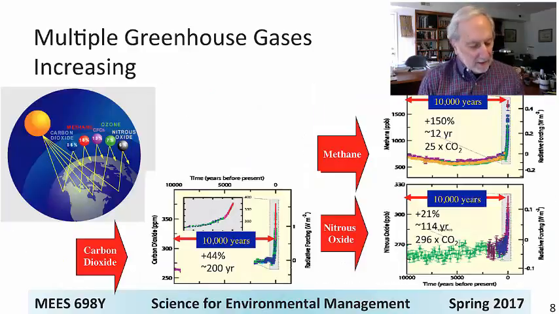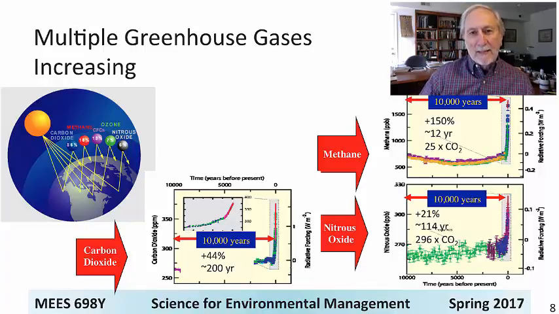So the thing to keep in mind also is that CO2 is not the only greenhouse gas. There are a number of others. Obviously, the atmosphere is mainly made up of nitrogen and oxygen, whose molecular structure is such that it doesn't become excited when it receives long-range infrared radiation, and so it doesn't have the warming effect.